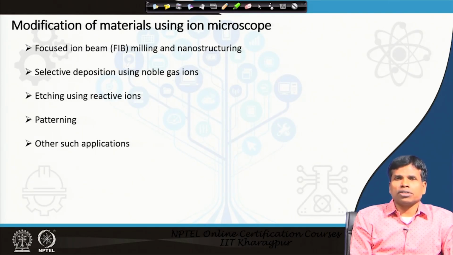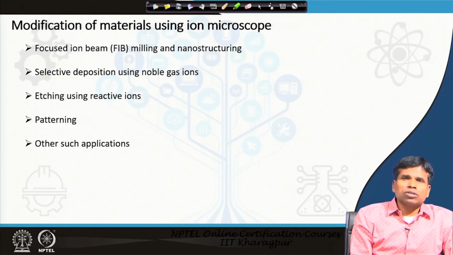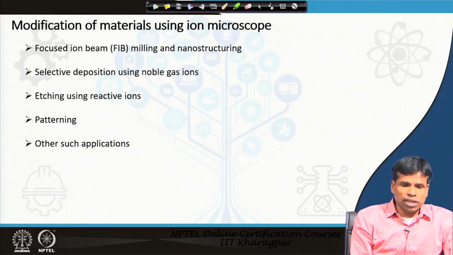Particularly gallium ions have been used for several years now to create features at the micron or submicron level. In that respect, the helium ion microscope is also capable of doing it with a much finer size, as you will see in today's lecture.